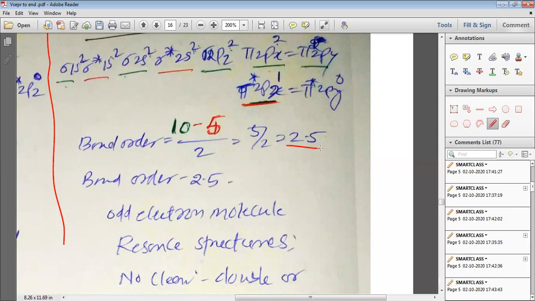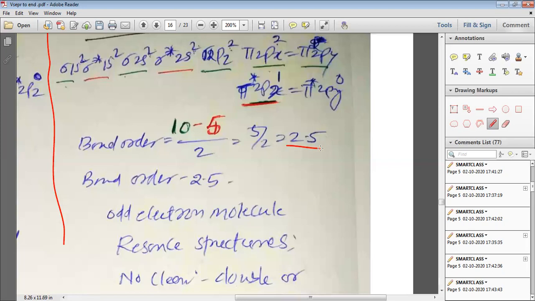So if the bond is single and double, it is going to be a 1.5 bond, and if the bond in the resonance structures is double and triple, then it is going to be a 2.5 bond. So here in NO we can easily understand the 2.5 bond.